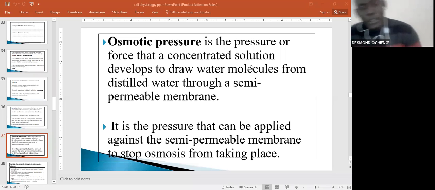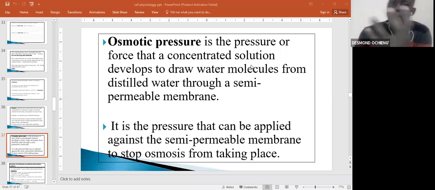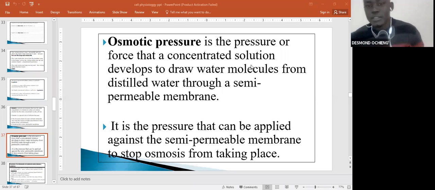In the experiment that we just looked at a few minutes ago, we saw that it was the water molecules moving from a region where they are lowly concentrated, or from the dilute solution, to the salt solution, which is highly concentrated, and that is inside the visking tubing. So osmotic pressure here, as you can see, is defined as the pressure or force that a concentrated solution develops to draw water molecules from distilled water through a semi-permeable membrane.